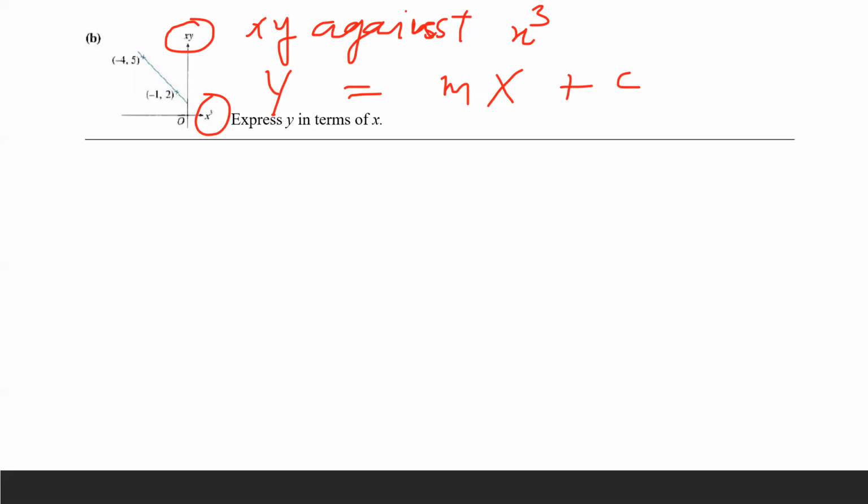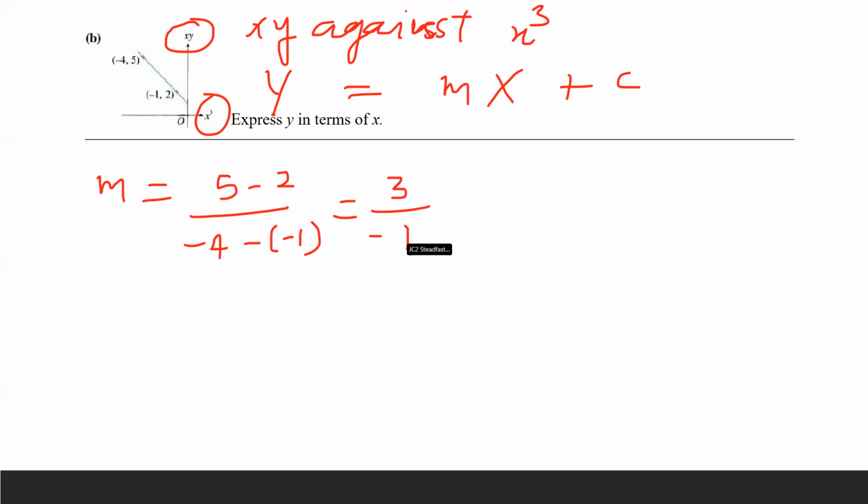So first of all, the important thing is let's find the gradient, which is 5 minus 2 over negative 4 minus 1. And that becomes 3 over negative 4 plus 1. So that's negative 3 over 3. I'm putting minus in the numerator, and the answer is minus 1.